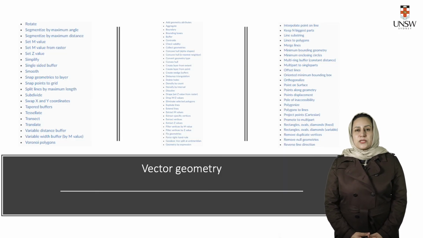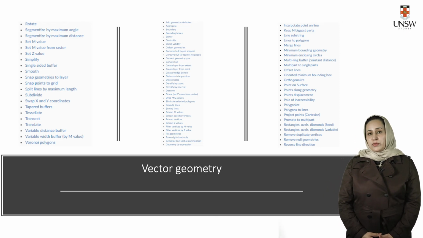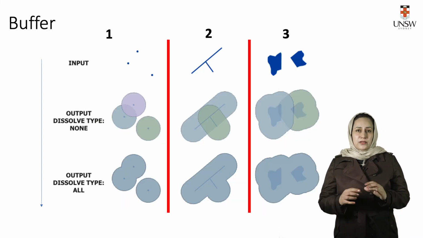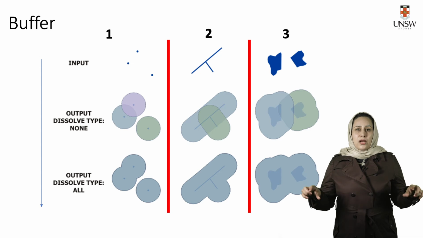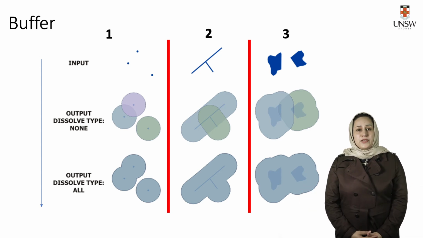There are many tools in vector geometry toolset for processing of the vector data. An example is buffer tool. Buffer tool is used to identify all the areas around all the features in a shapefile with a specific assigned distance. There are two types of dissolved and non-dissolved outputs for a buffered layer.